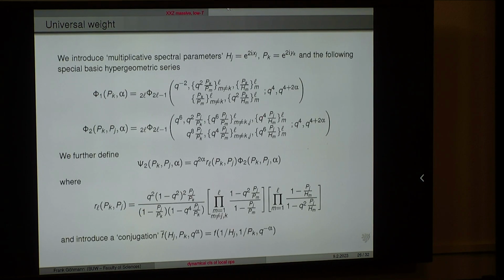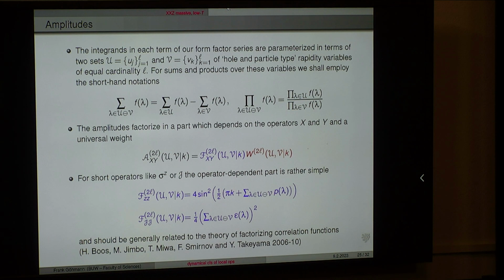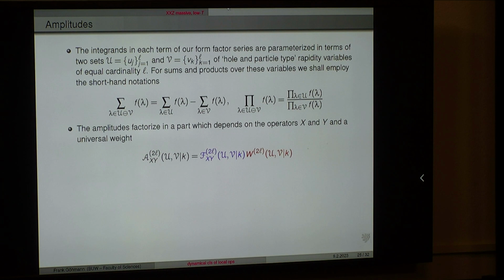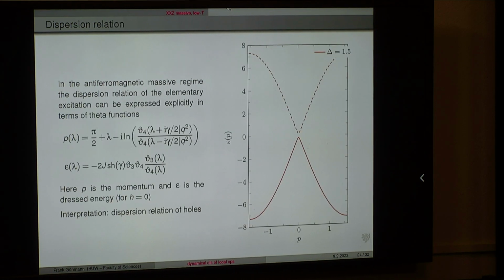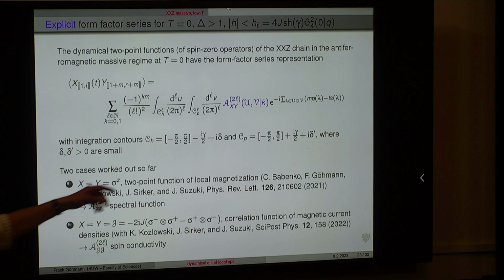L is the number of excitations, sorry. You have to distinguish between the length of the operator and the distance between operators. The distance between operators is arbitrary. So it enters only here. It's a parameter.